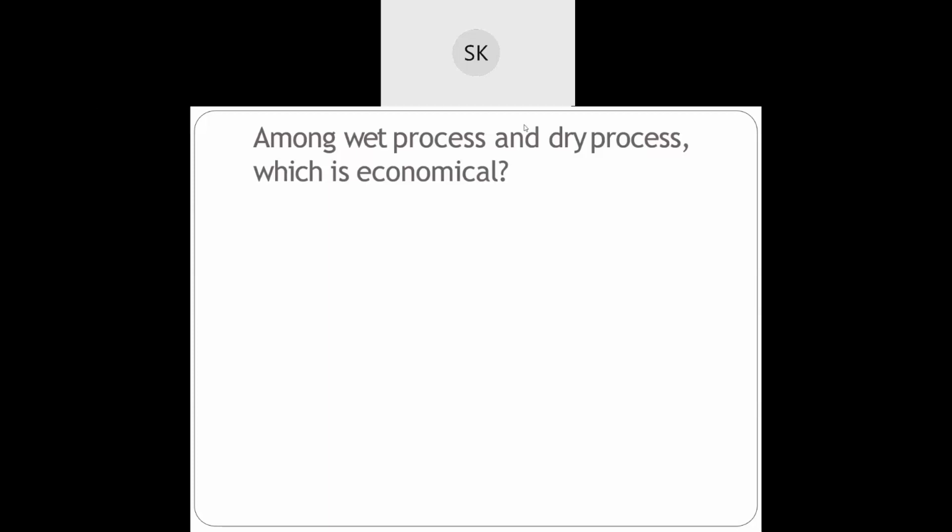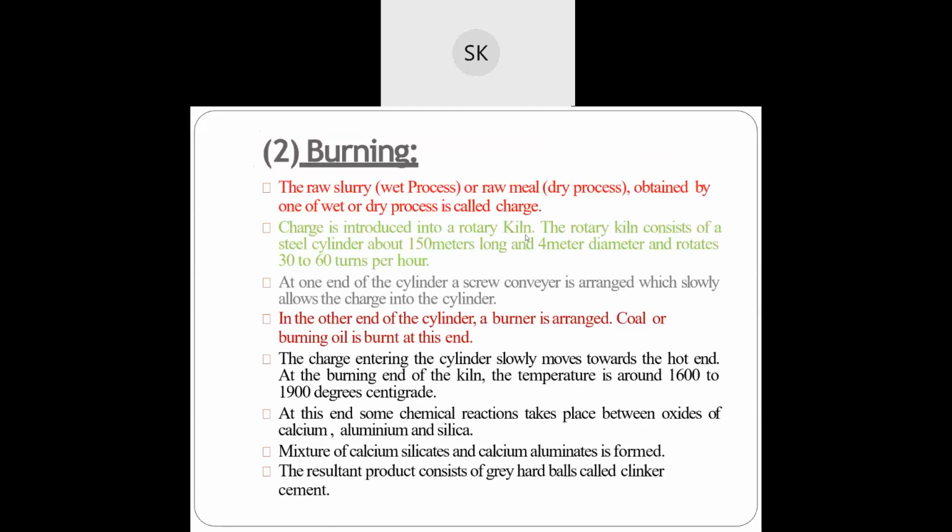Which one will be more economical, dry or wet? Okay. Maybe dry process. Okay, good. At least you guys replied. Good. So this is your kind of assignment. Go and check it out. Which one is more economical?